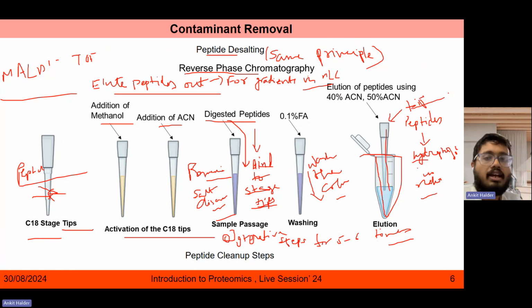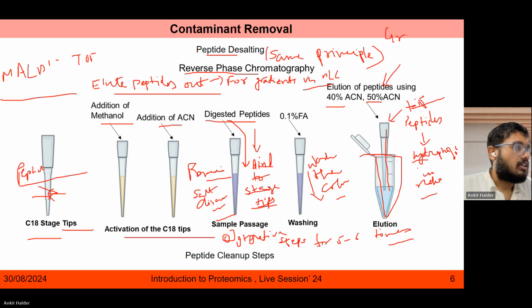So if you add this particular tip, then you will be using different gradients of organic solvent like ACN. So why gradient? This will create the hydrophobicity.